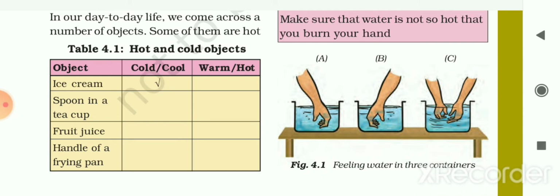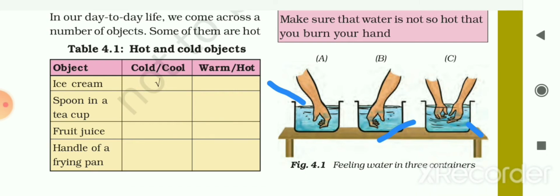Then you have to dip your left hand in mug A, right hand in mug B, and after 2 to 3 minutes you have to put both your hands in mug C. After doing this you have to observe whether you are feeling the same. Are both of your hands feeling the same hotness or coldness in mug C?